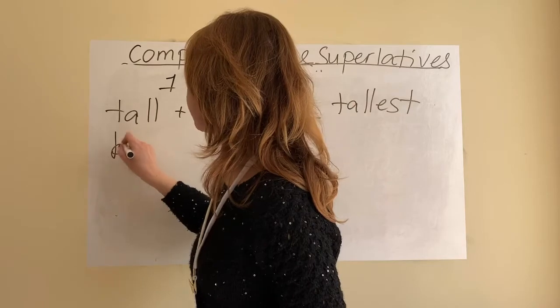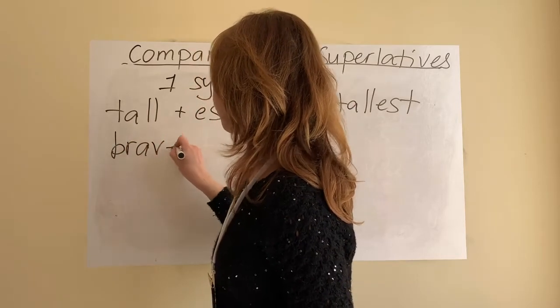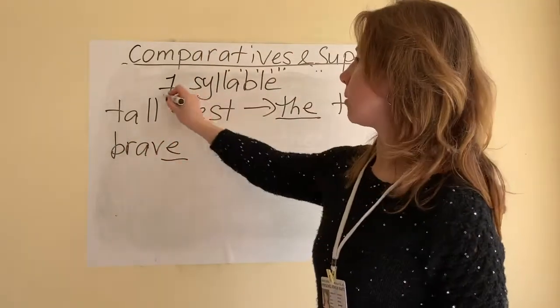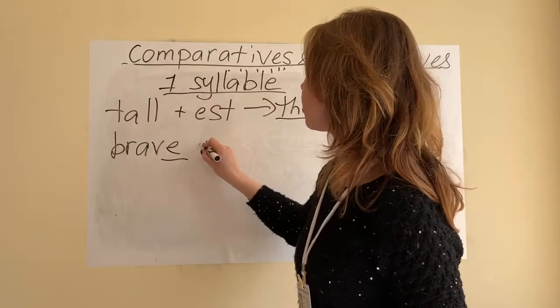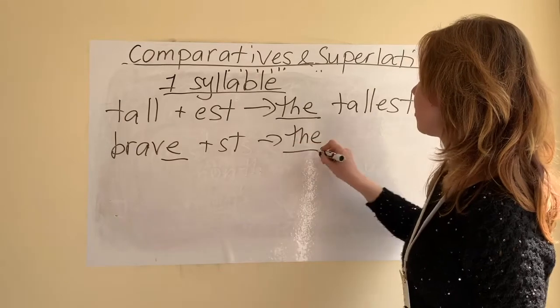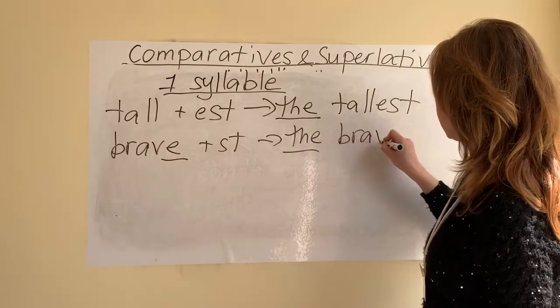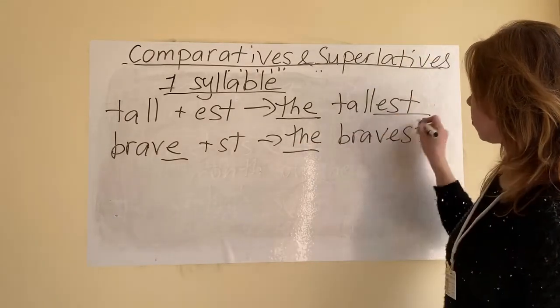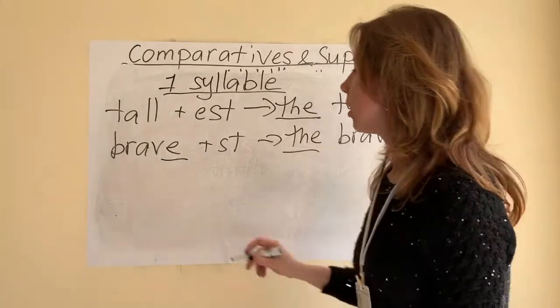If the last letter is E, and it's also a one syllable adjective, we add only st. We have the bravest, the tallest, the bravest.